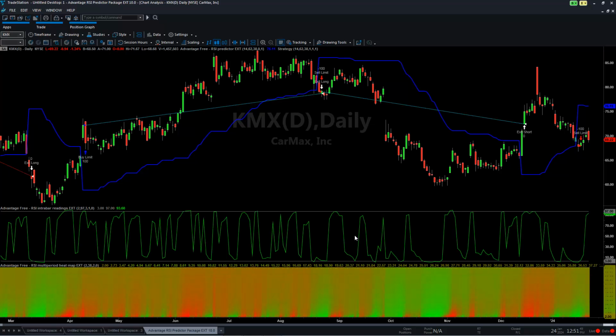And how it works: the more red means the RSI for a specific period is oversold. The more green, the more overbought.